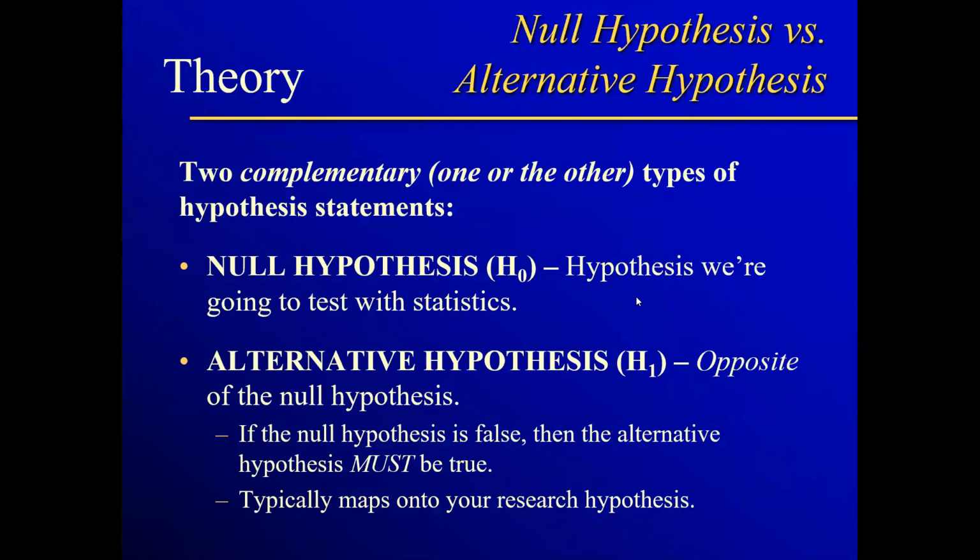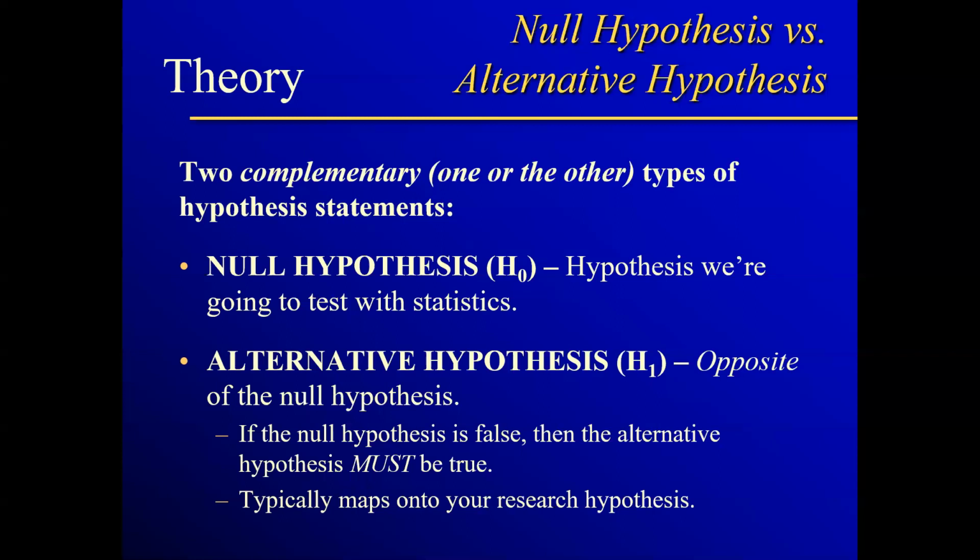So let's dive a little bit deeper into null and alternative. Hopefully you can see conceptually that these two complement each other, in that only one can be true. If your alternative is true and it turns out that social media addiction is related to depression, well, that means the null can't be true.